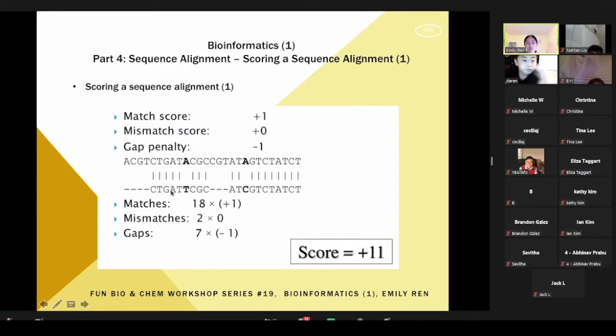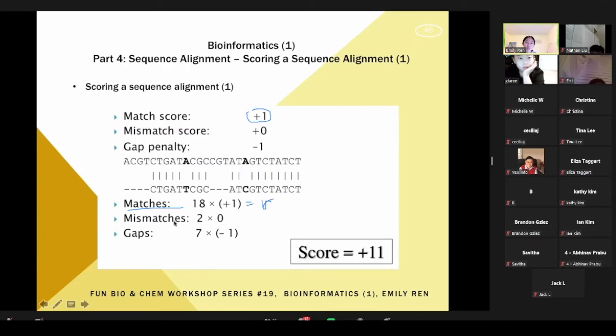So here we have an alignment between two DNA nucleotide sequences. For the matches, we just count how many matches there are. If we count these lines, there are 18 of them. So once we have a matches score, we multiply that by the corresponding match score in the scoring matrix, which is +1. So this would be 18.